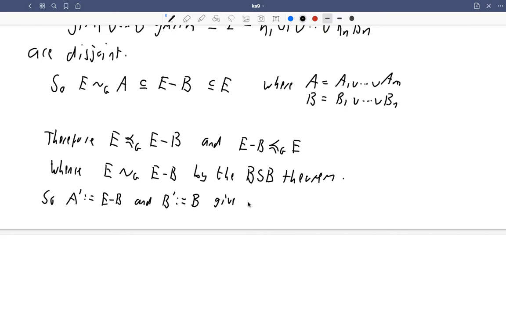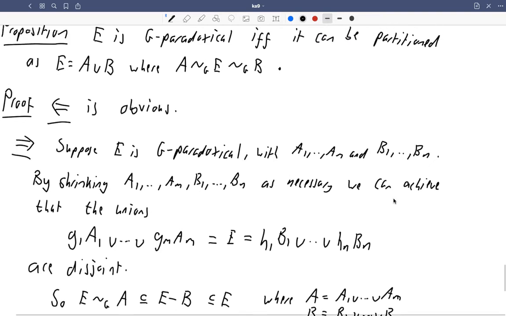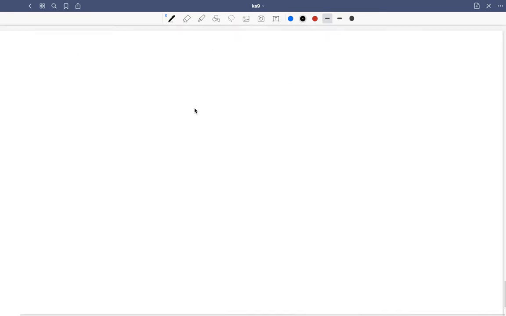So A prime is G-equidecomposable with E, is equidecomposable with B prime, and A prime union B prime equals E. But anyway, this A prime and B prime give us the partition that we require.